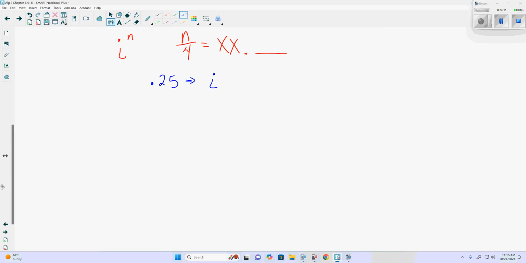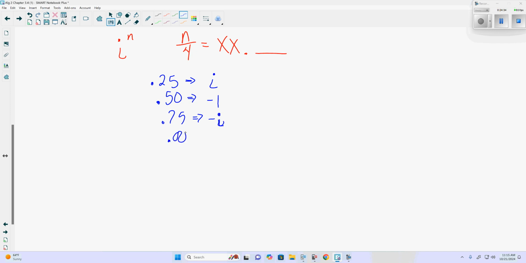If the decimal is 0.25, it's going to reduce to i. If the decimal is 0.50, it's going to reduce to -1. If the decimal is 0.75, it's going to reduce to -i.